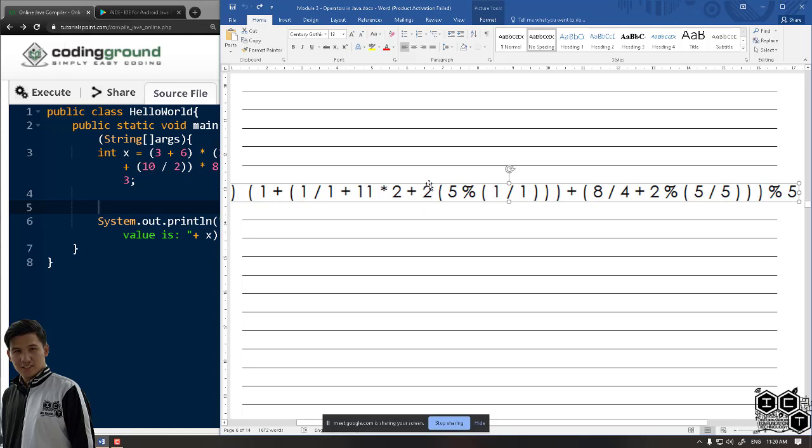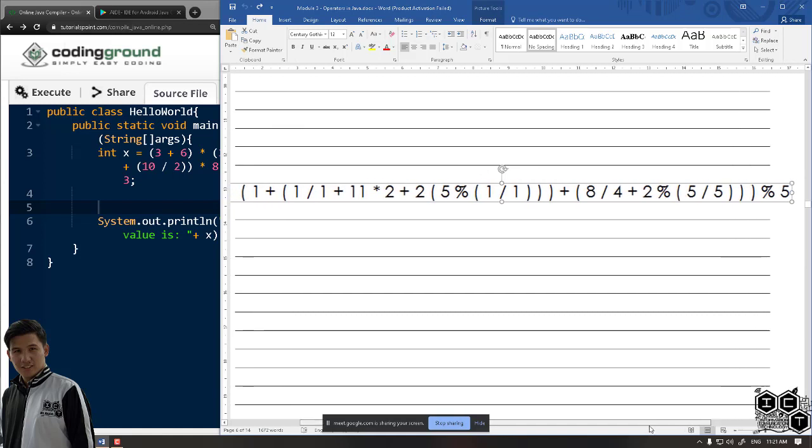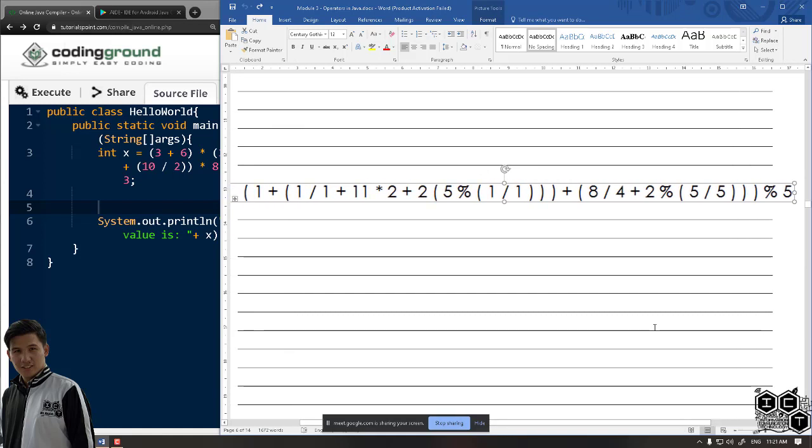Wala siyang equation, wala siyang operator. In mathematics, if wala kang operator pero followed by a parenthesis, the operator will always be multiplication. Diba? So, automatic yan. Ito ang medyo challenge, pero kagaya nga ng sinabi ko kanina, unahin nyo lagi si innermost. Unahin nyo muna si innermost.